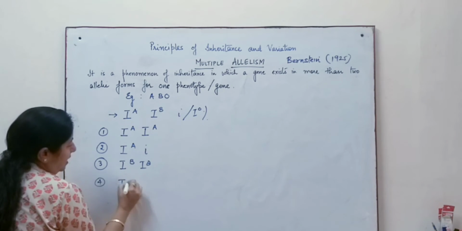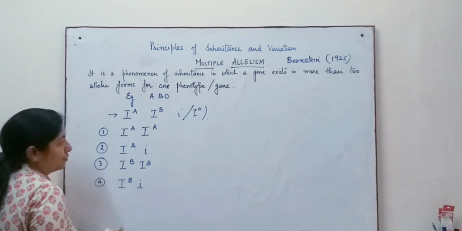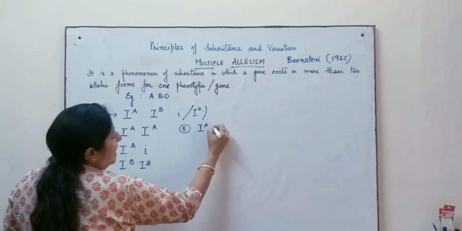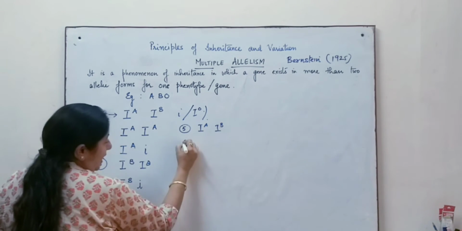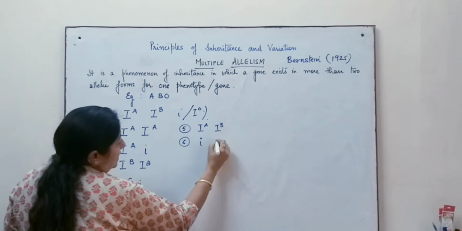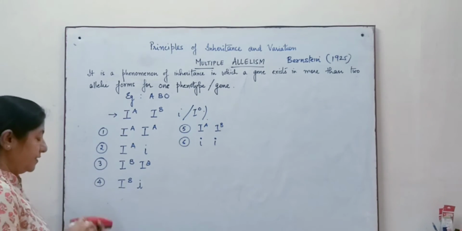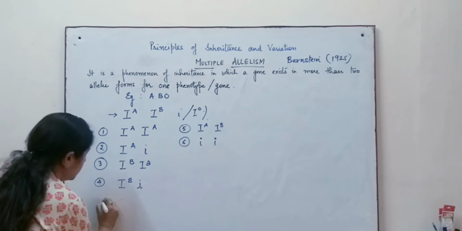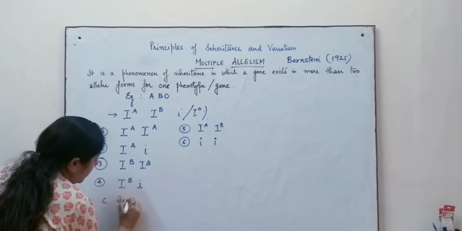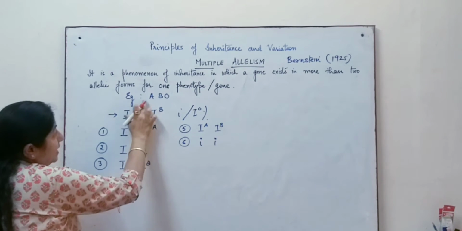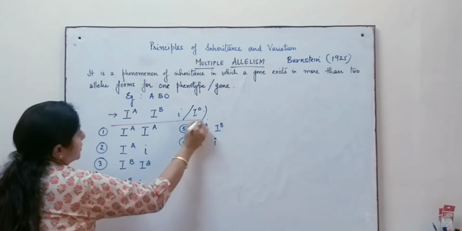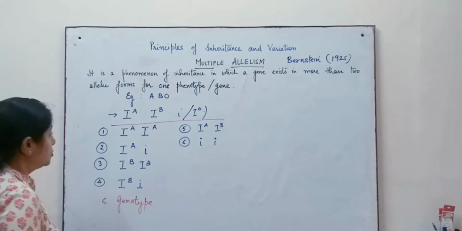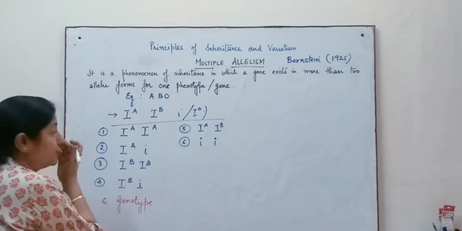Fourth, IB and small i. The fifth possibility is IA and IB, and the sixth is small i and small i. These are all the 6 possible genotypes available with the allelic forms IA, IB and i, for the ABO blood group of human beings.